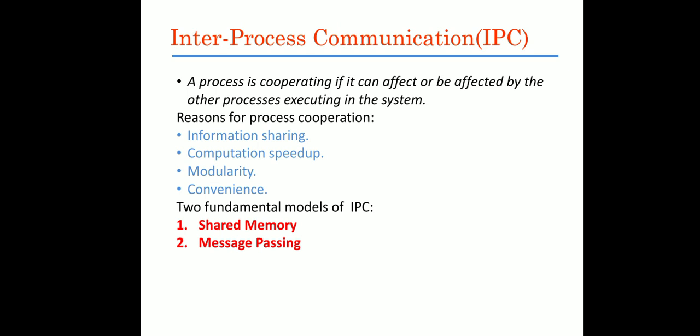Information sharing: if I have some information to be shared, and if a number of processes want to share the same information, that can be done using inter-process communication. Then if I am sharing the same information among multiple processes, automatically the speed of the computer increases. Modularity means how you minimize the memory space in a given time, which can be done using inter-process communication.